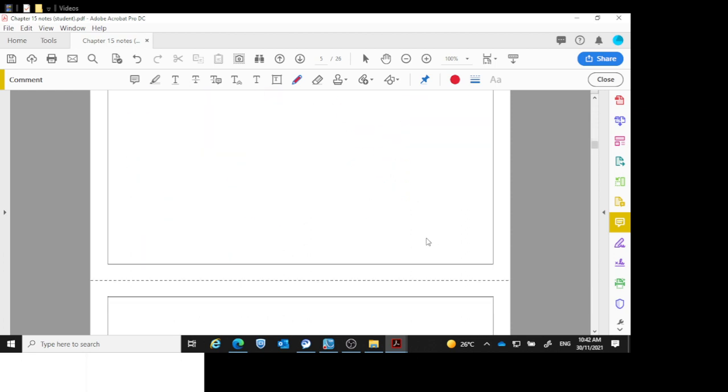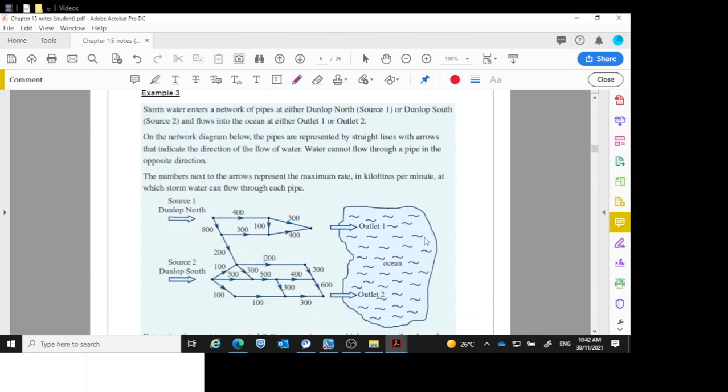Example 3 says stormwater enters a network of pipes at either Dunlop North, which is source 1, which is right there, or Dunlop South, which is source 2, and flows into the ocean at outlet 1 or outlet 2. On the network diagram below, the pipes are represented by straight lines with arrows that indicate the direction of flow of water.